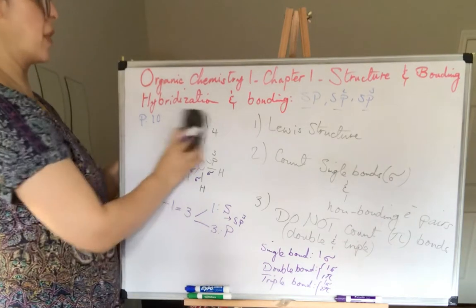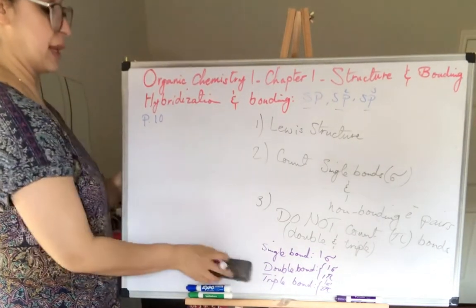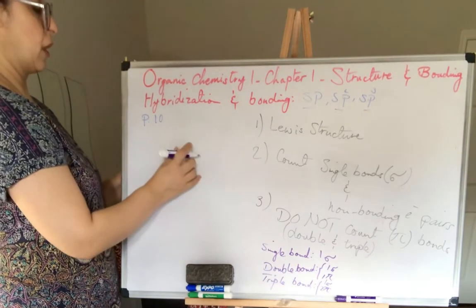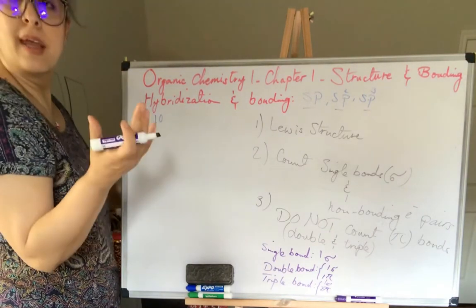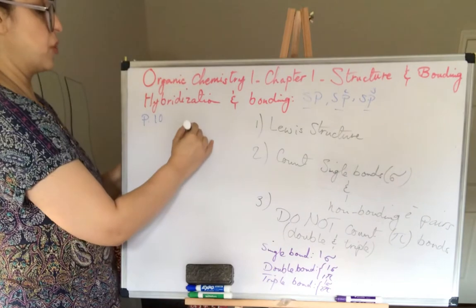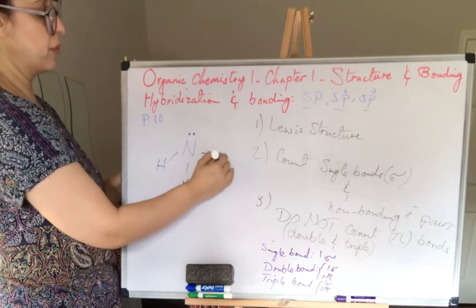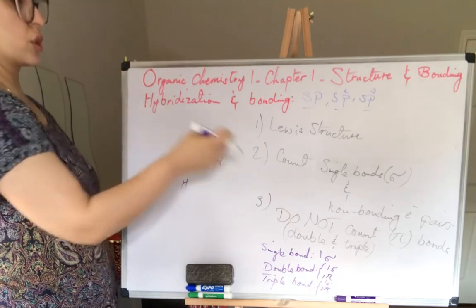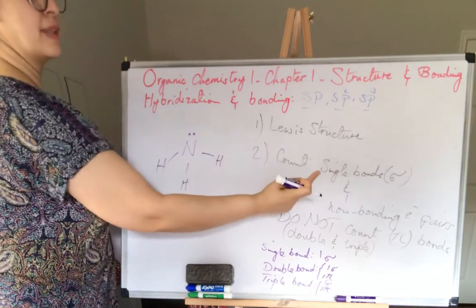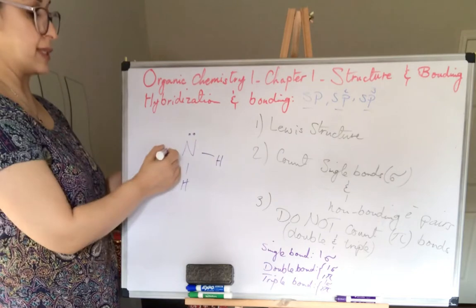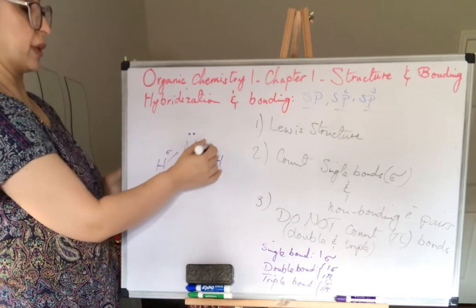What if we have a molecule with non-bonding electron pair, like a non-organic example? Like if you remember when we were drawing the ammonia molecule, count sigma bonds, non-bonding electron pairs. How many sigma bonds do you see? 3.